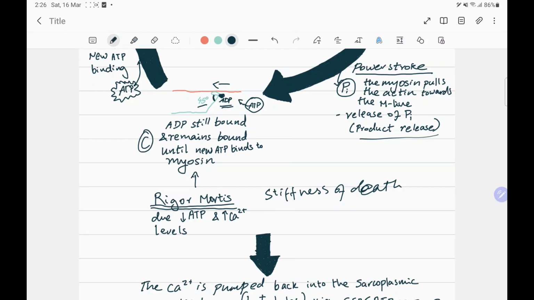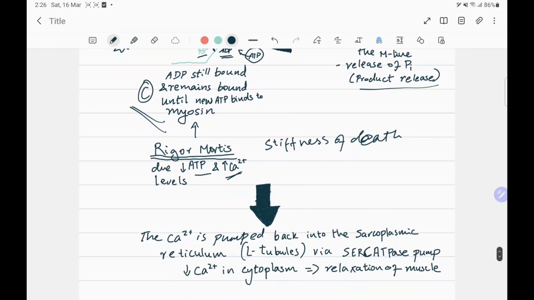So you get this state where your muscle is stiff, because the myosin is bound to the actin, there's no new ATP, and all that calcium has been released from the L tubules. So no ATP for the cross bridge to continue and also to relax, and you're in this state labeled as C over here. So this is the stiffness of death.